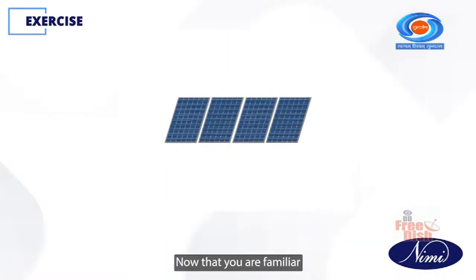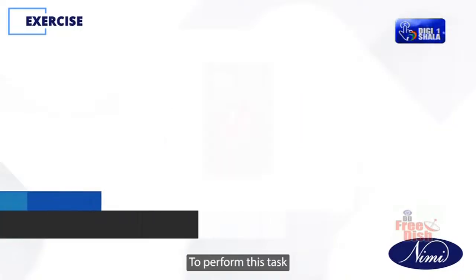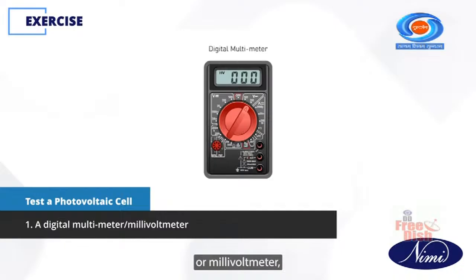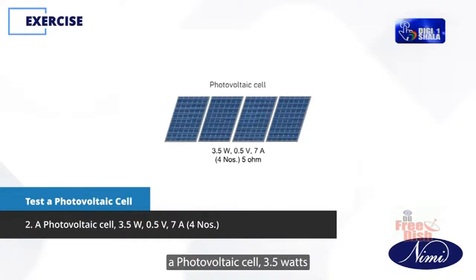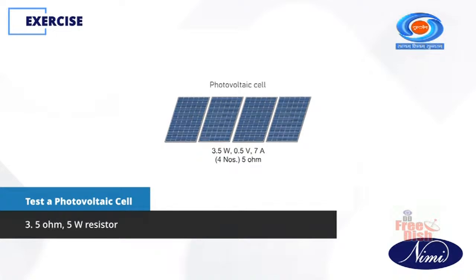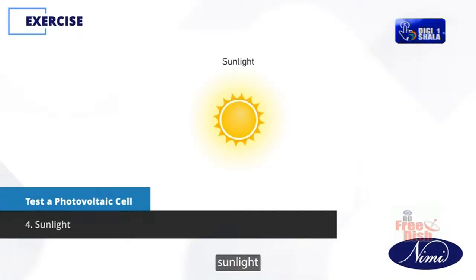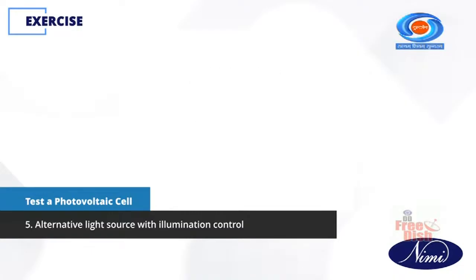Now that you are familiar with the photovoltaic cell, let us do a task to test your understanding. To perform this task, you need a digital multimeter or millivoltmeter, a photovoltaic cell, 3.5 watts, 0.5 volts, 7 ampere, 4 numbers, an ohm, 5 watt resistor, sunlight, and an alternative light source with illumination control.